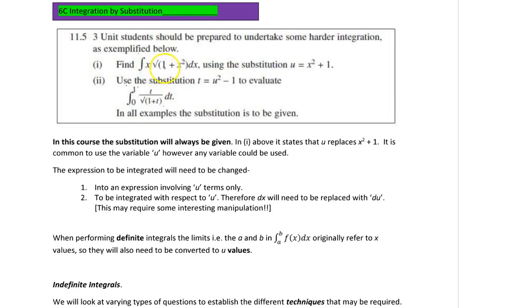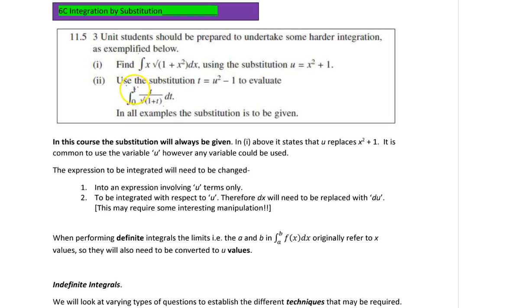And so, considering we've got the integral of a product, we go, well, that's something we haven't learned how to integrate. However, that question goes on to importantly say, using the substitution u equals x squared plus 1. So, like I said, really easy to identify.